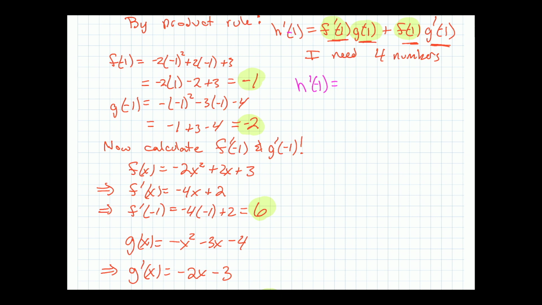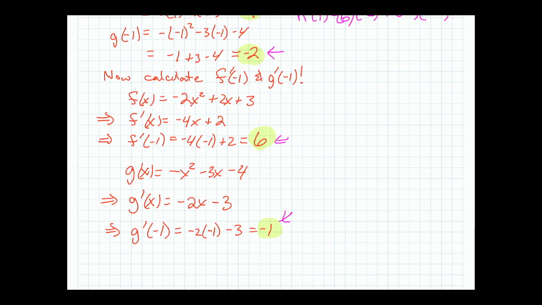Where's that? Here. 6. g of negative 1, that's here, negative 2, plus f of negative 1, that's here. And then g prime of negative 1, that's down here.